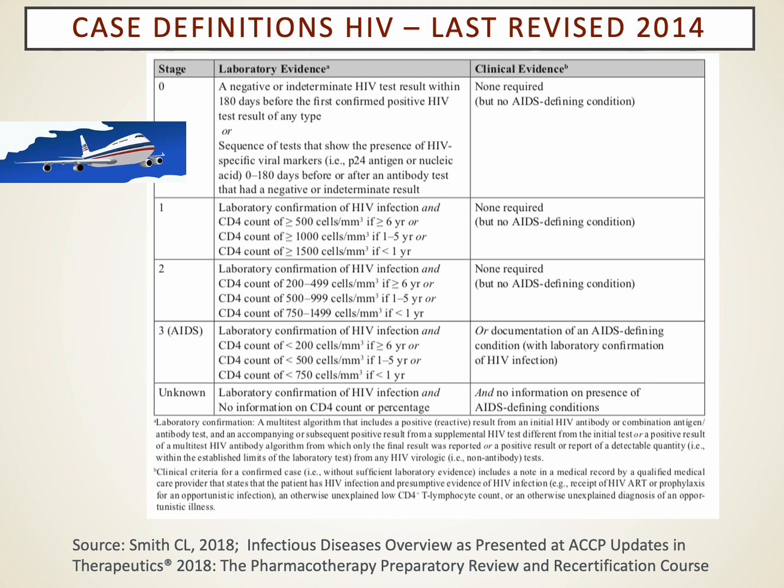There are some case definitions for HIV that, to my understanding, was last revised in 2014. But keep in mind that most folks who have HIV now don't have really advanced AIDS, but we do look at CD4 count in combination with other factors in assessing a patient's HIV status.